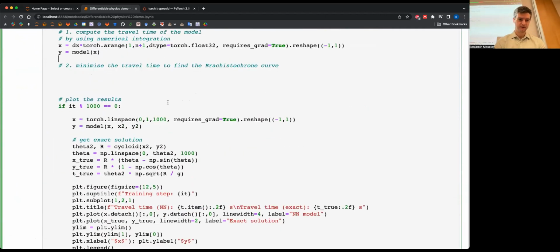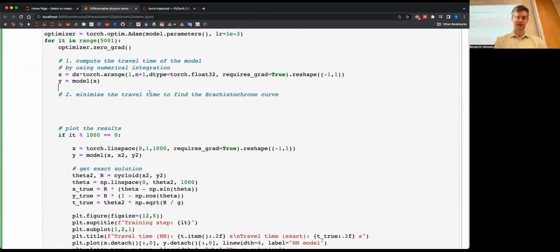So we say dy equals torch.autograd.grad. So we want y with respect to x. Remember this is a Jacobian vector product or vector Jacobian product, as we talked about. So we're going to pass ones to that vector product.